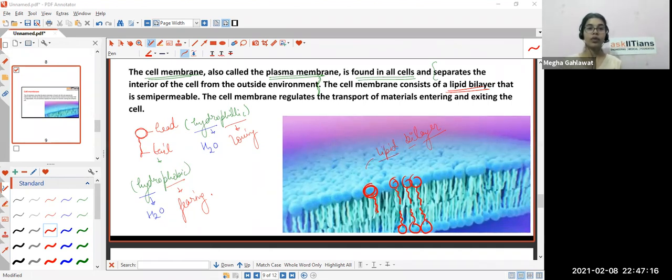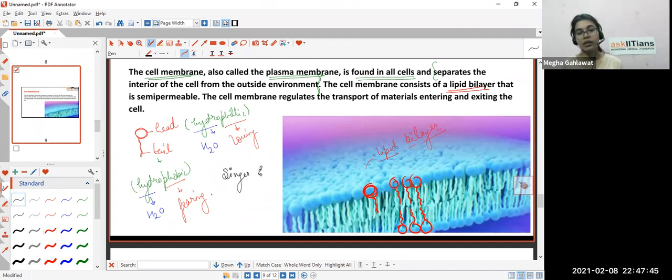Now, the important thing you need to know is that there are multiple types of models which were given for understanding the functioning of the plasma membrane. The one which we are studying right now is called the fluid mosaic model, which was given by Singer and Nicolson in 1972. I will mention that here for you.